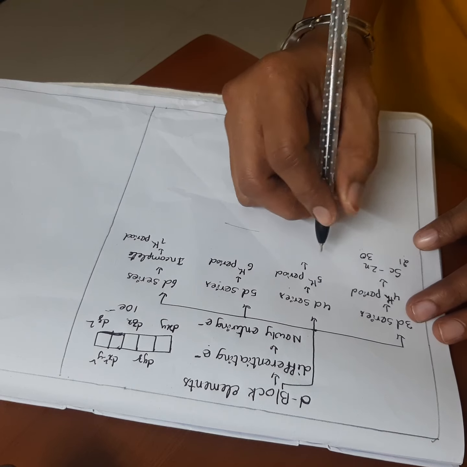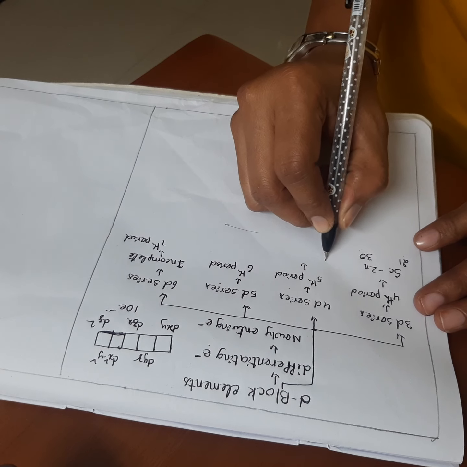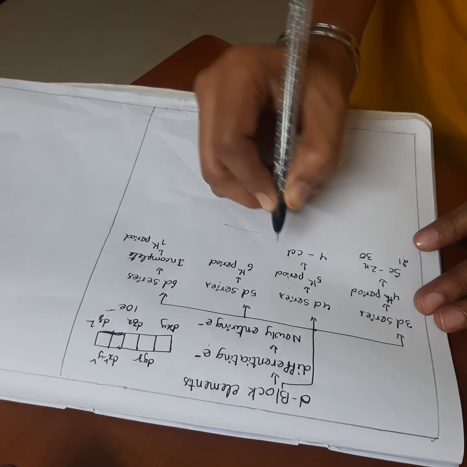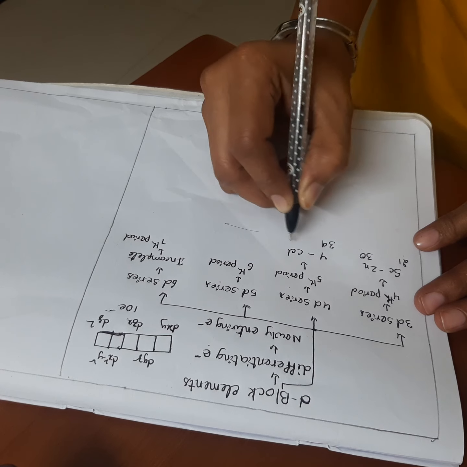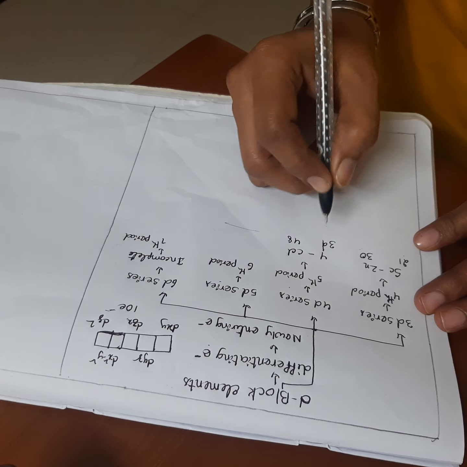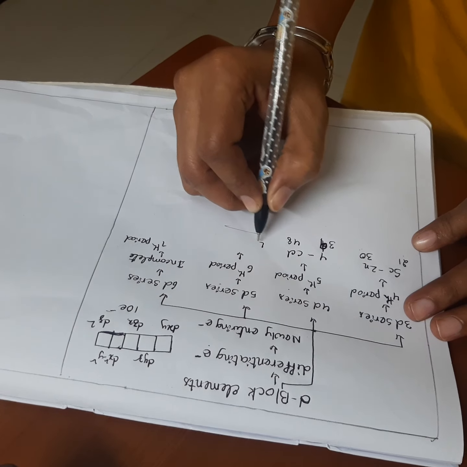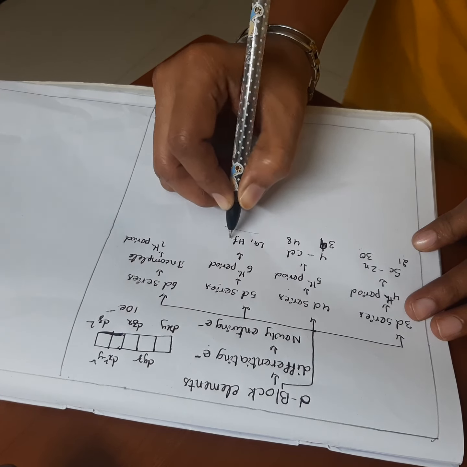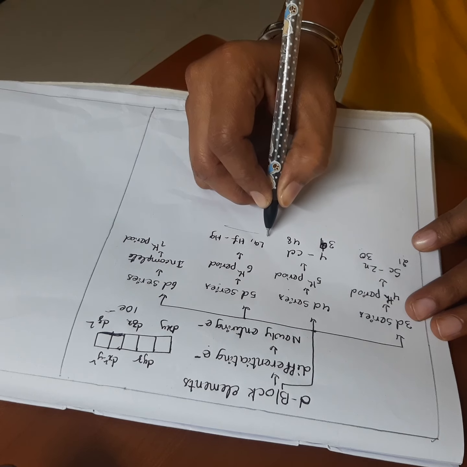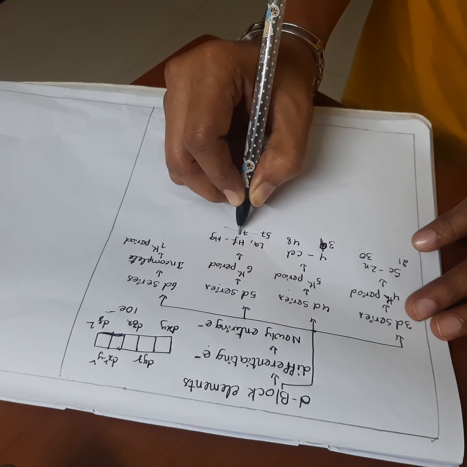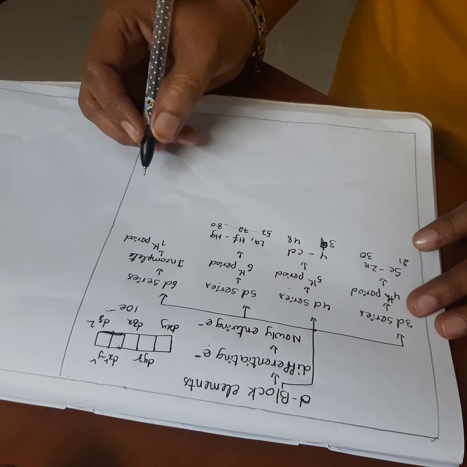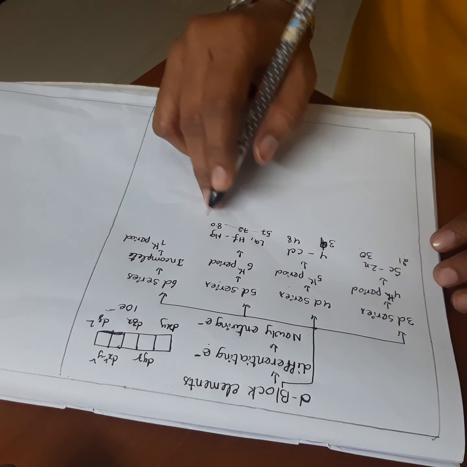The 4d series is from yttrium to cadmium, with atomic numbers 39 to 48. And the 5d series is from lanthanum, hafnium to mercury, so 57, 72 to 80. So that is about the 3d, 4d, and 5d series elements.